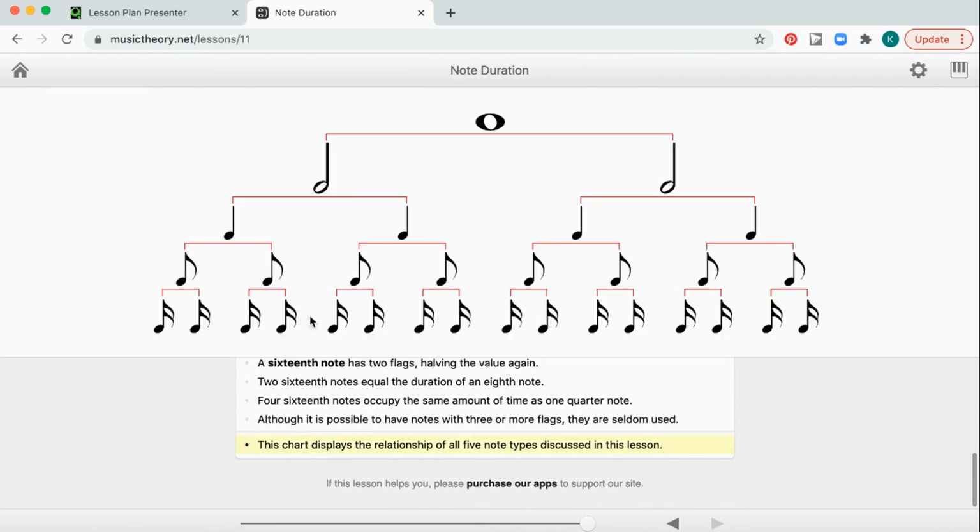Here we have a large chart that will show us all of the different kinds of notes.